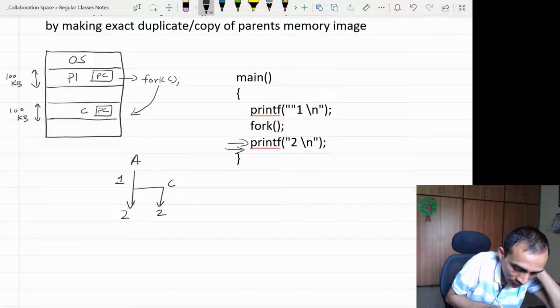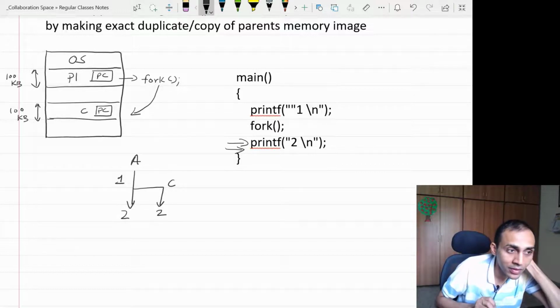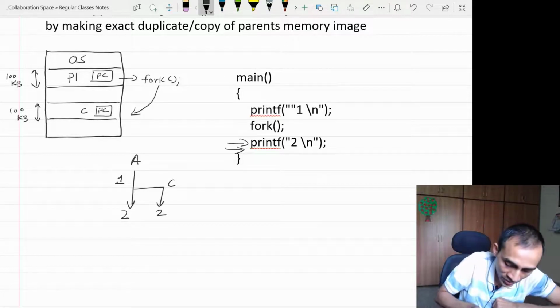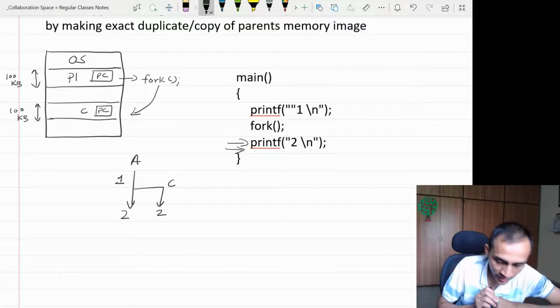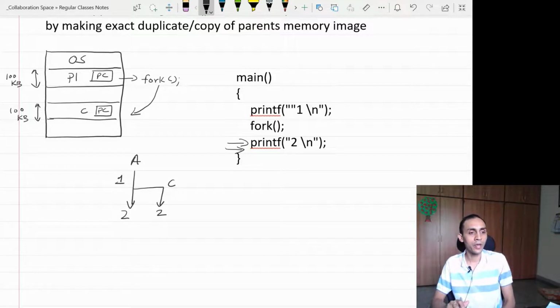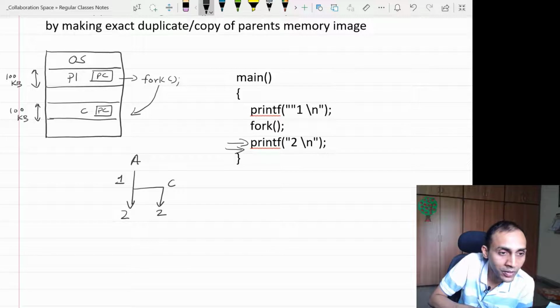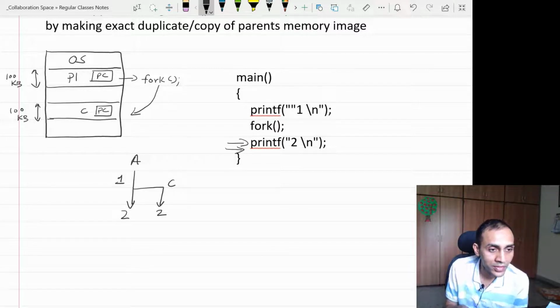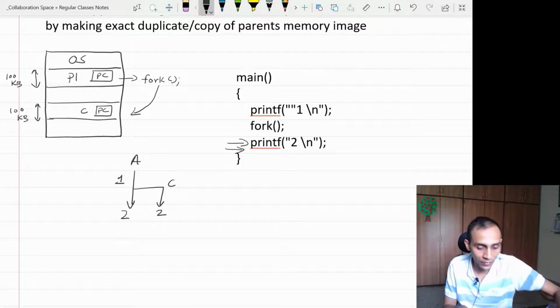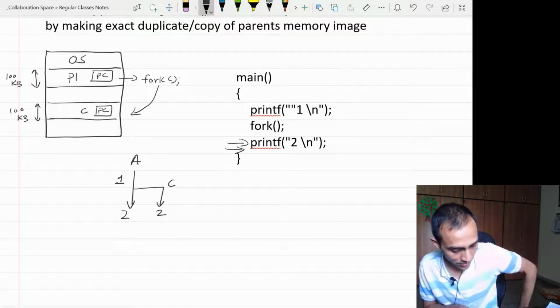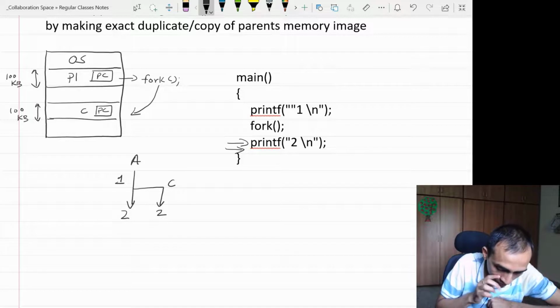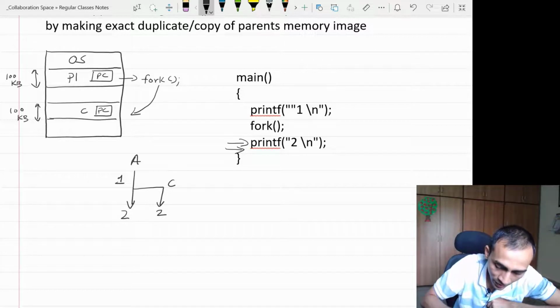The same value of the program counter will come in the child process also. So for process A, the next instruction to be executed is this printf. Similarly, for process C, the next instruction that will be executed will be this printf instruction, because the program counter is going to have the same addresses.